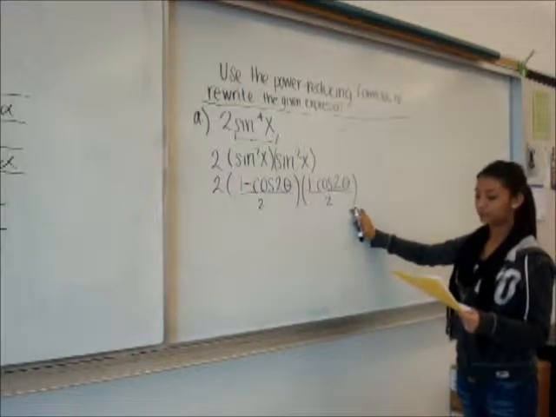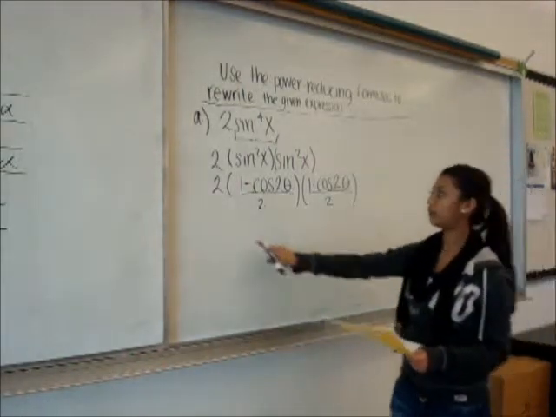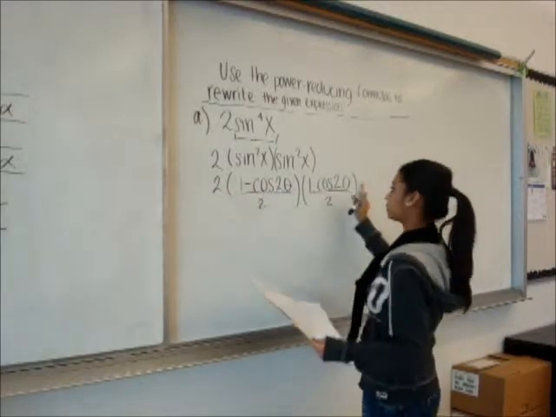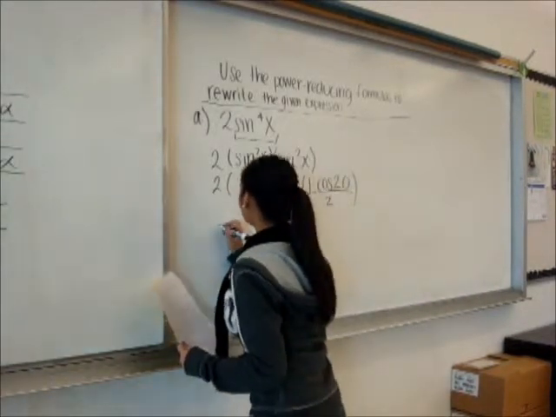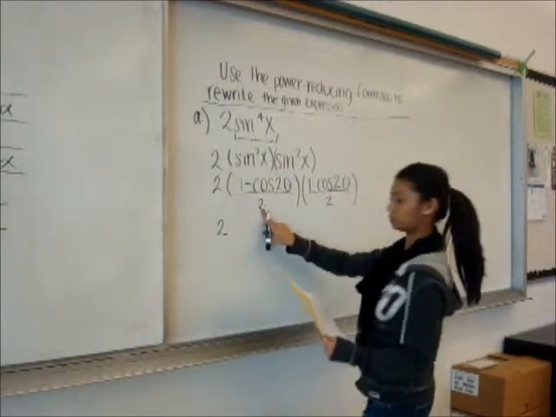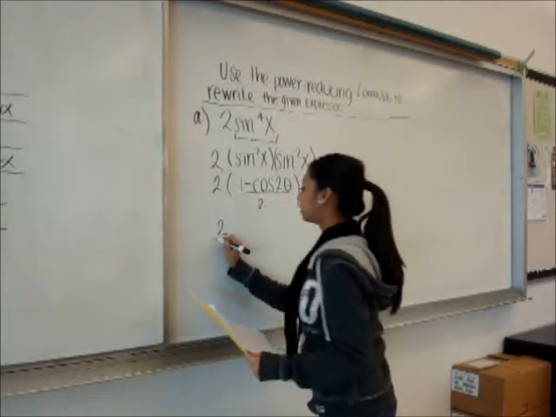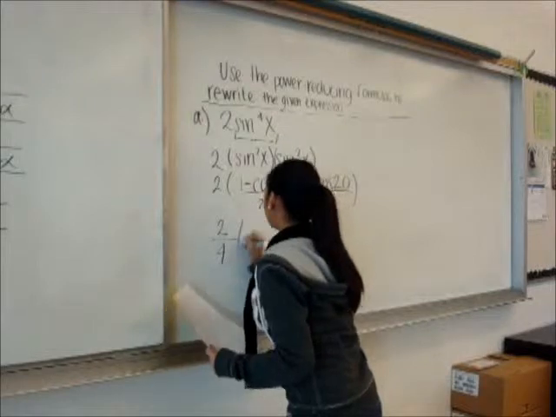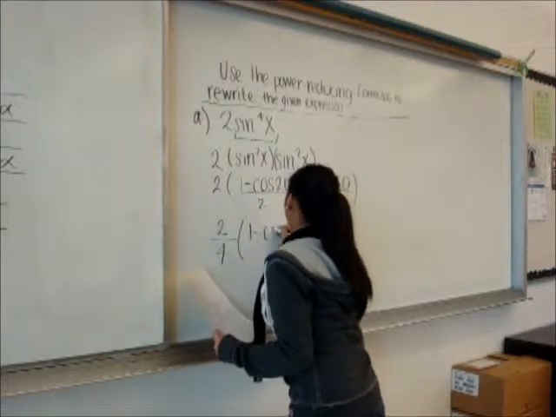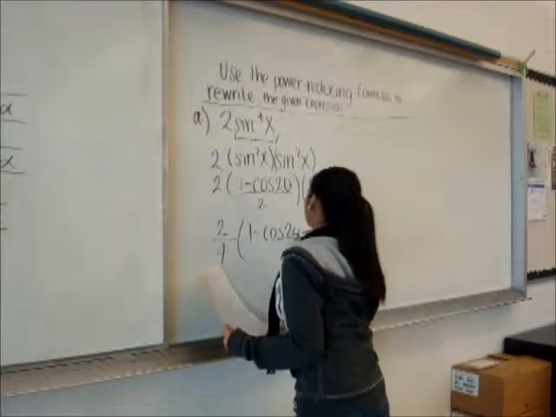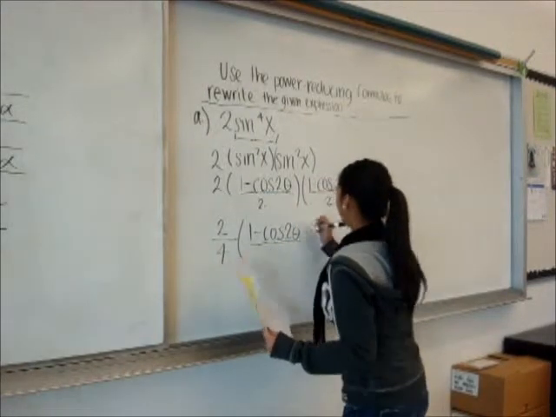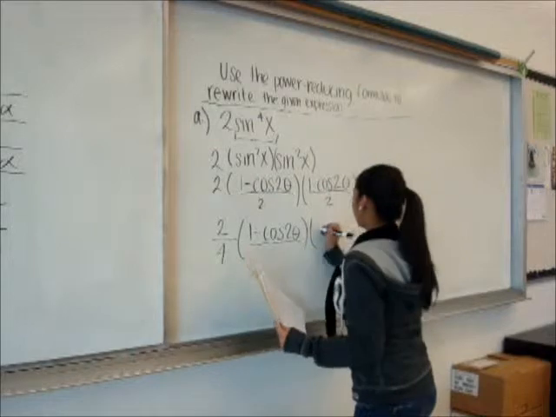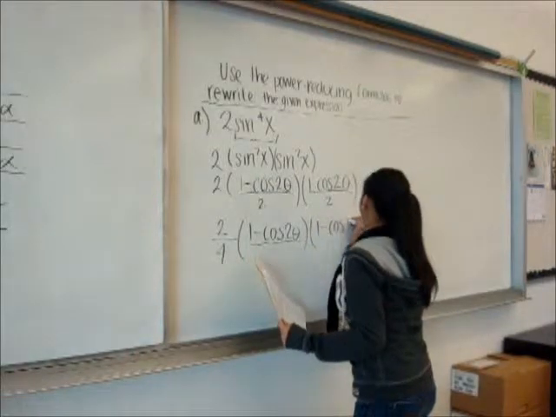Now, after doing this, what you're going to want to do is multiply straight across. So this becomes 2 on top, and you multiply the 2 and the 2 here to make it 4. So it's still 1 minus cosine 2 theta over 2. Oh, I'm sorry, I got rid of that denominator. So it's 1 minus cosine 2 theta.